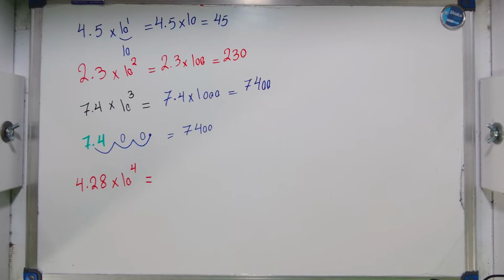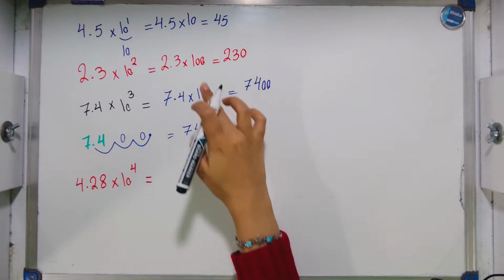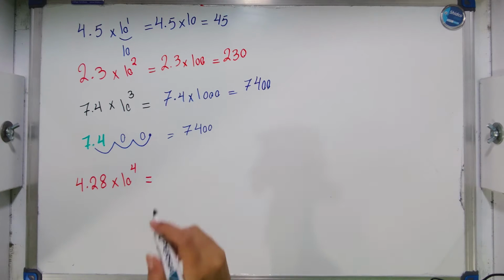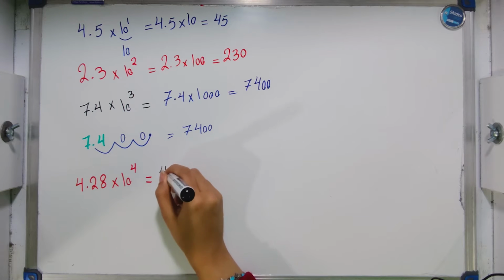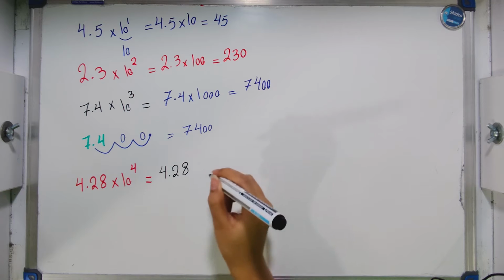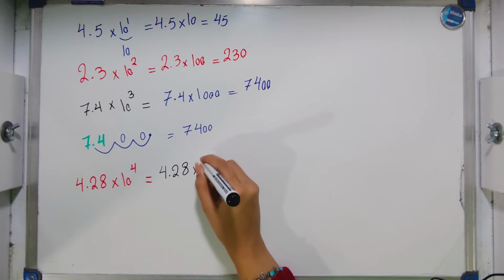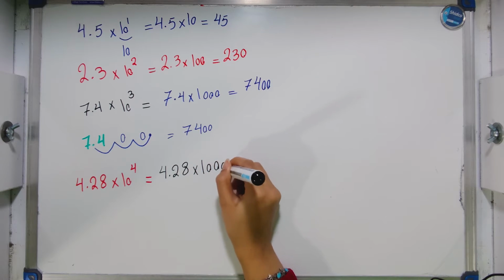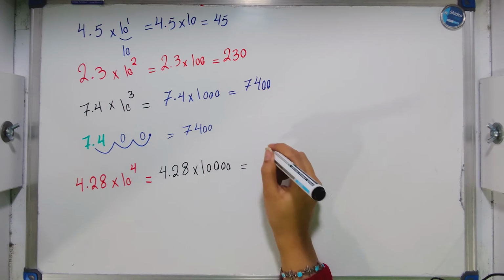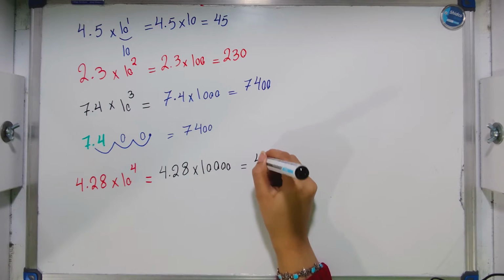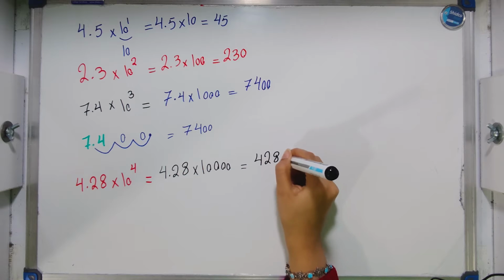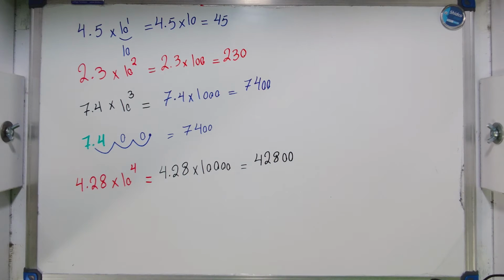If I want to just use the multiplication form, I can say it is 4.28 times 10,000. So it will be equal to 42,800.